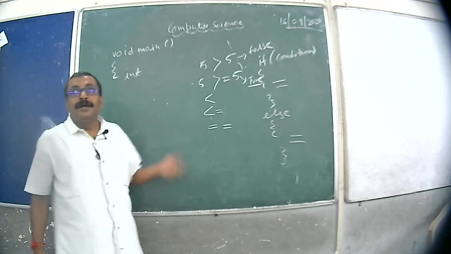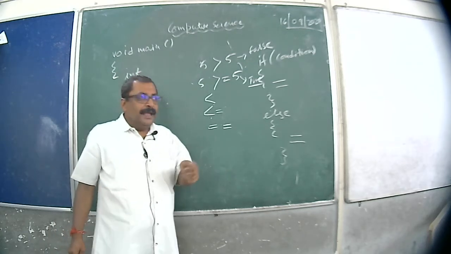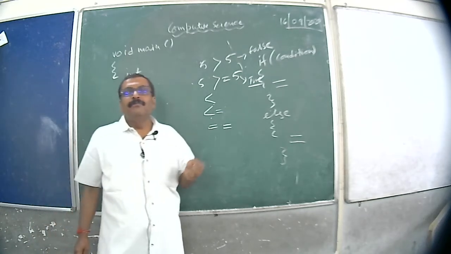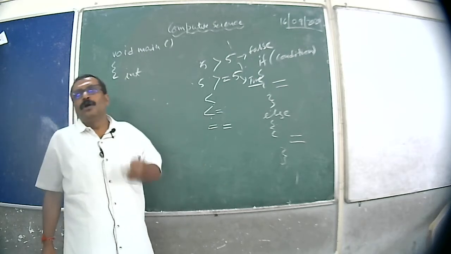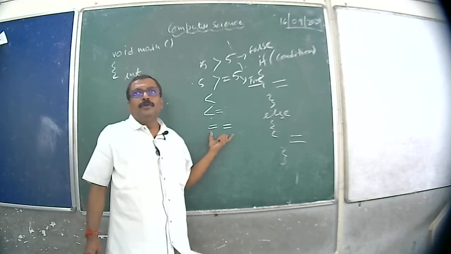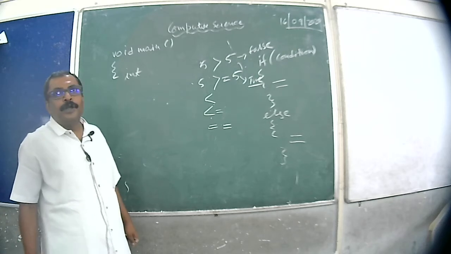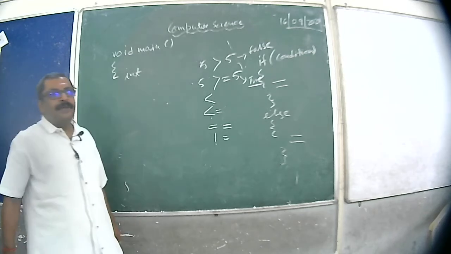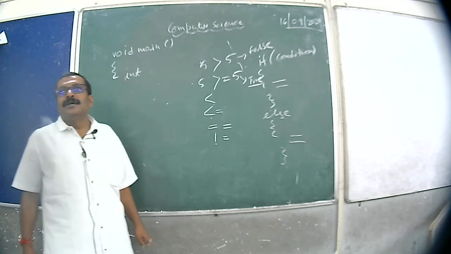Here is a question: what is the difference between = and ==? = means initialization, and == is used when we want to check whether the numbers are equal or not. This kind of statement requires the double equal to symbol. And the last one is not equal to, represented by an exclamation mark and an equal to symbol.